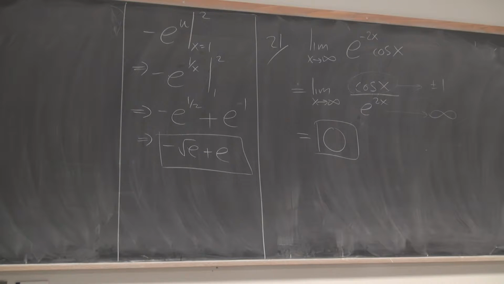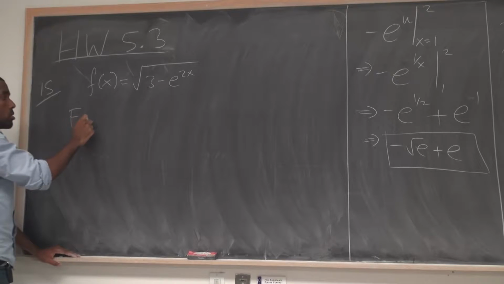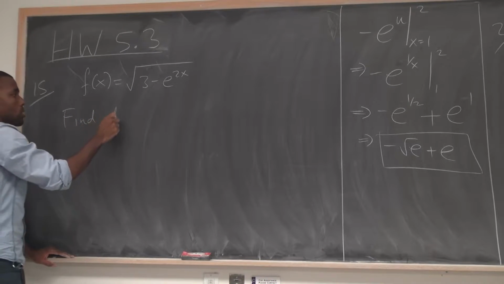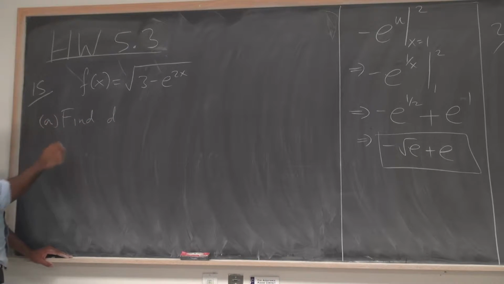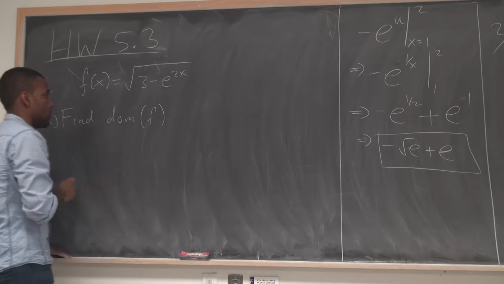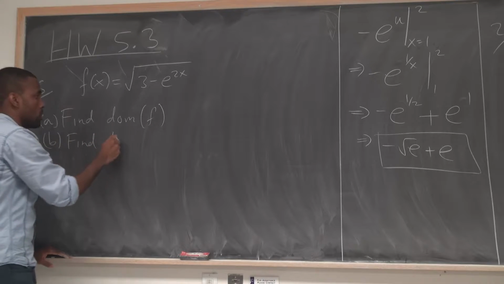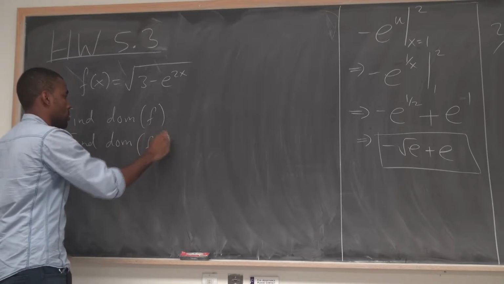And then I think I had to find the inverse of that. Did we have to find the inverse? Domain of the inverse. Domain of both. That was A and B. What did A ask us? Find the domain of f, and the domain of f inverse.